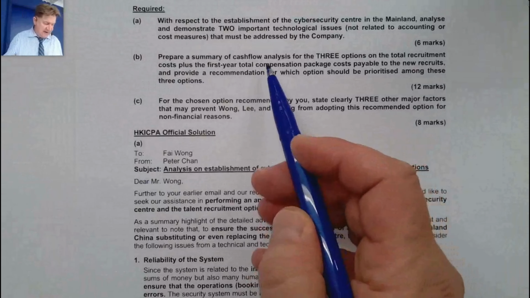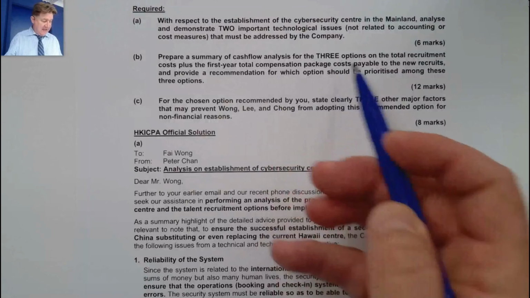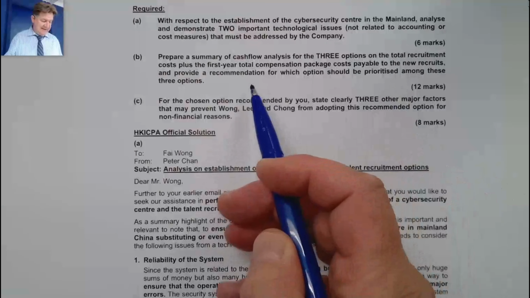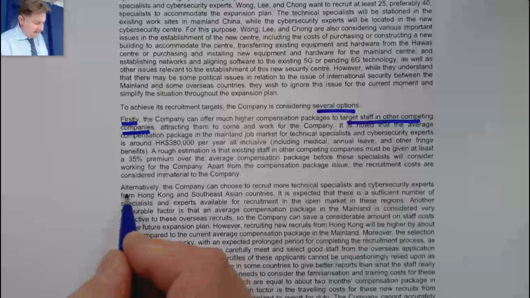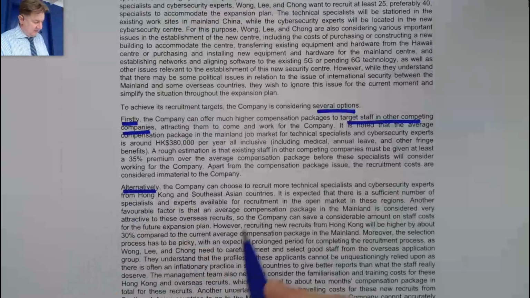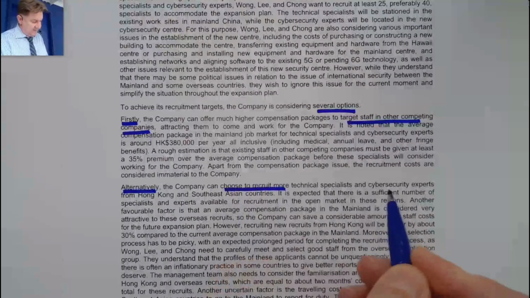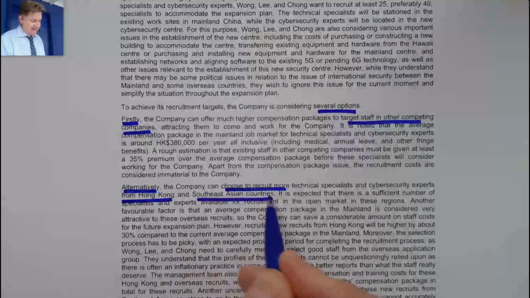They're wanting you to put through a cash flow analysis of each of the 3 options, and then we need to recommend, select, which is the cheapest. So this is purely financial. With the 3 options, we've got the first one, targeting staff in other companies. Second one here is recruiting more experts from Hong Kong and Southeast Asia.